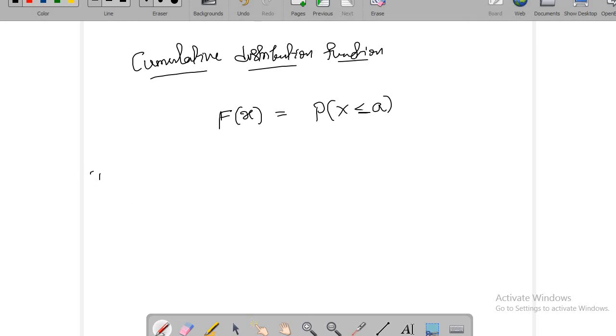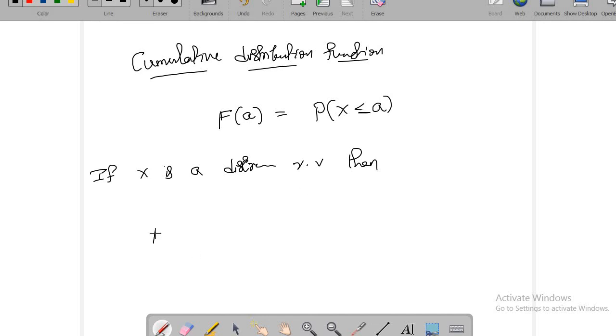Okay, suppose x is a discrete random variable. Then, sorry, what I am writing here is not f of x, this is actually F of a. F of a is equal to probability that x less than or equal to a.